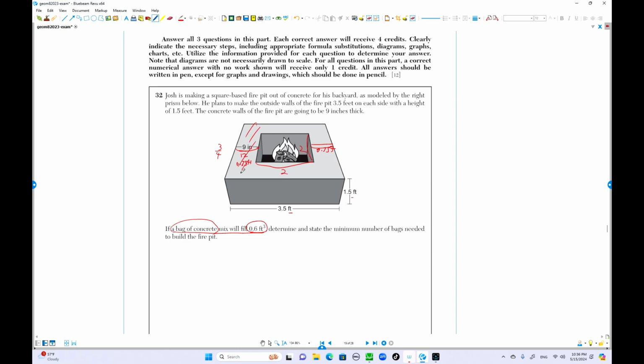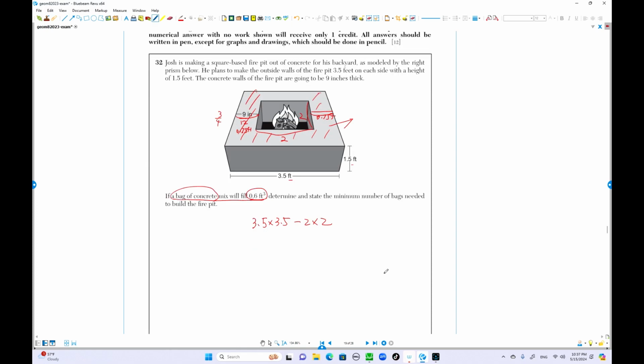So what is the area of the shaded region over here? 3.5 times 3.5, minus 2 times 2. That's the area of this top, right? Tabletop. After that, you multiply the height, 1.5.